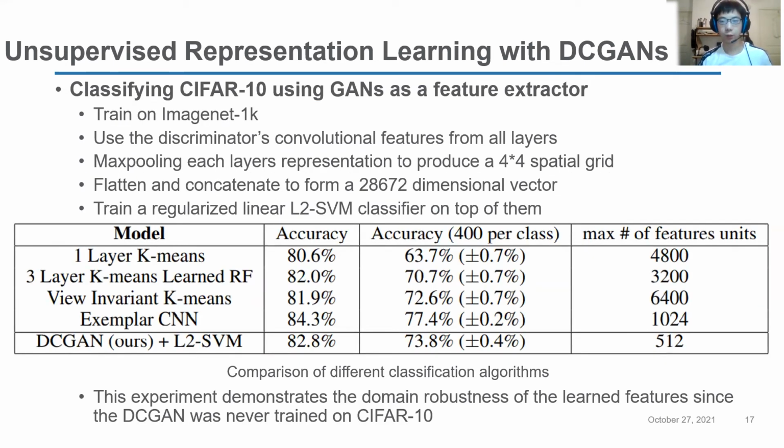In the first evaluation, they first train the GAN on ImageNet 1K, use the features from all convolutional layers, and max pool each layer's representation to produce a 4x4 spatial grid, then flatten and concatenate them to form a high dimensional vector.